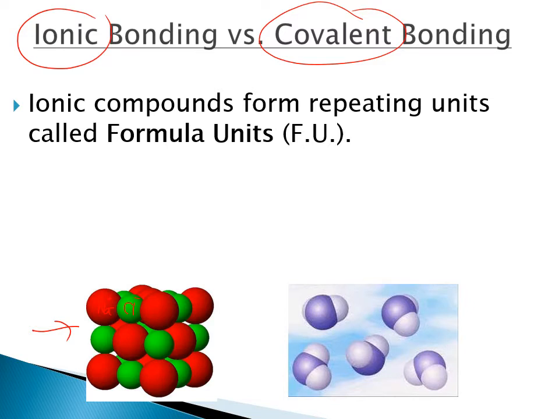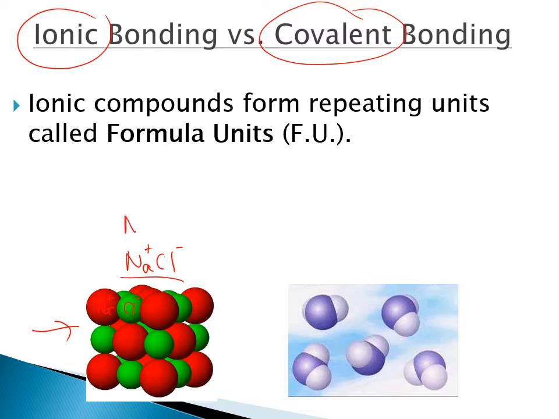But when this happens with ions, it doesn't just happen with a single sodium and a single chlorine. We know that the formula for sodium chloride is NaCl, and it makes you think there's 1 sodium and 1 chlorine, but that's not the case. It's actually 1 sodium for every chloride. What you really should think about is that ionic compound formulas are not telling you how many are there.